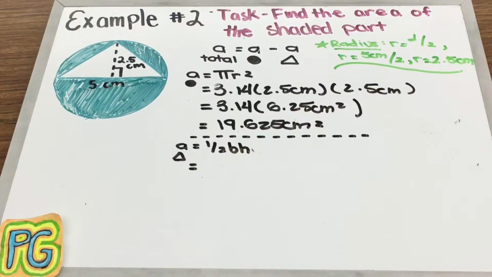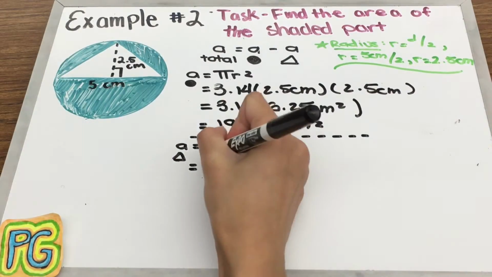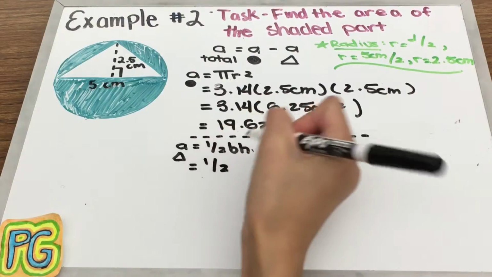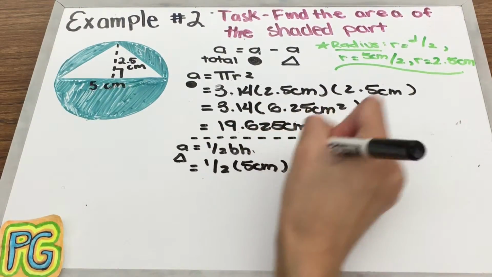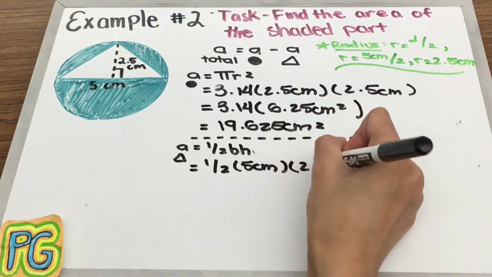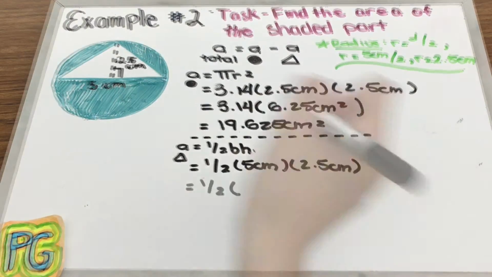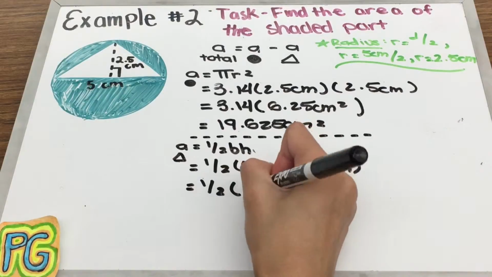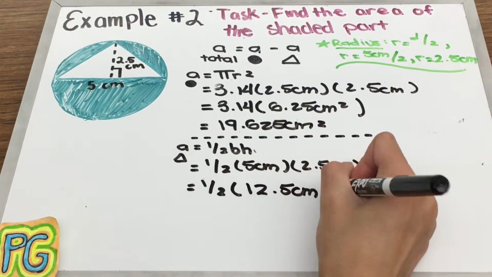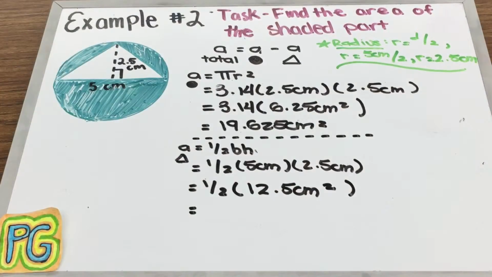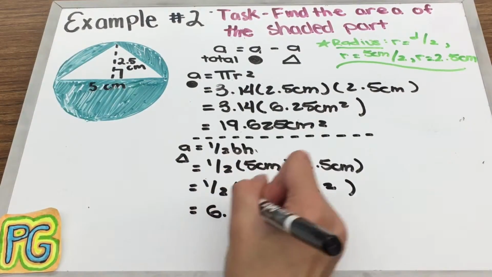And the formula to find the area of a triangle is half times base times height. And so that would be half times the base of the triangle, which is 5 centimeters, times the height of the triangle, which is 2.5 centimeters. And that would equal half times 12.5 centimeters squared, which equals 6.25 centimeters squared.